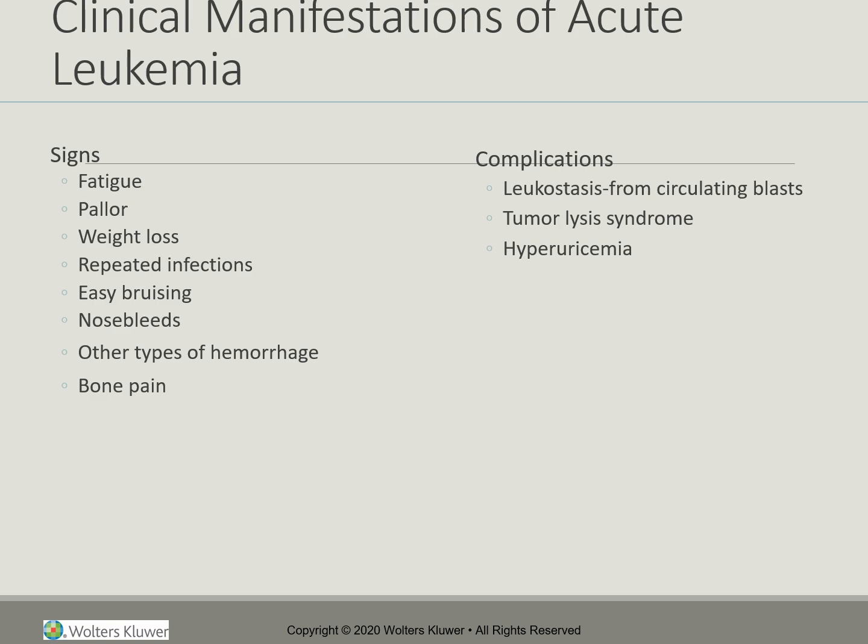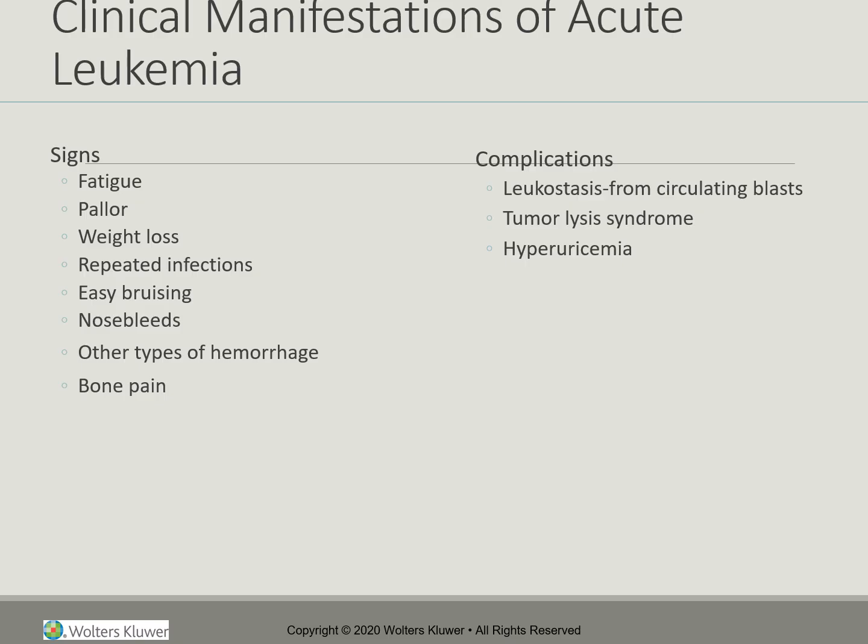within the bone marrow. There are also some complications that can happen. There's a condition called leukostasis, and this happens from what we call an increase in circulating blasts. And blasts are those immature leukocytes that are starting to proliferate and increase in number in the bloodstream.